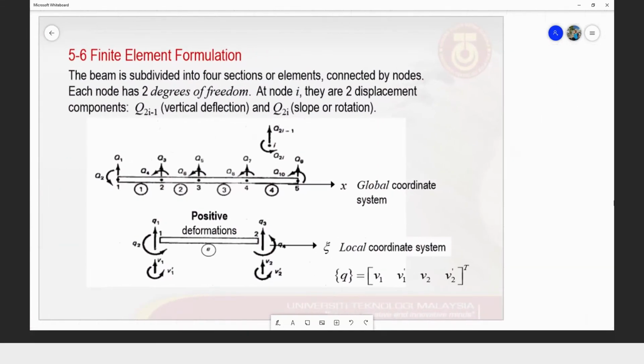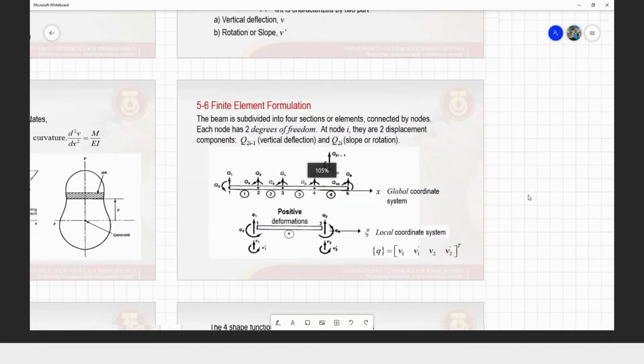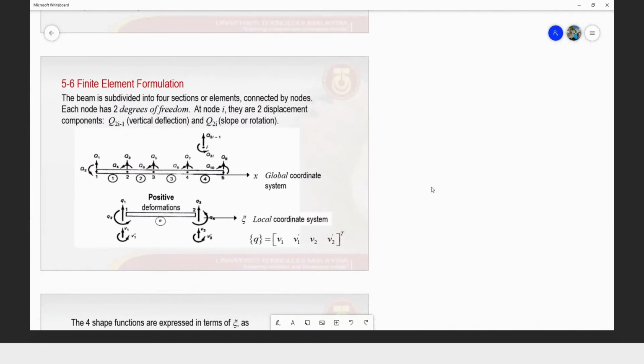Alright, seperti yang kita pernah bincang sebelum ni, for solving structural problems or any problem actually using finite element method, first sekali kita kena ada apa, geometry ataupun physical geometry. Then from the physical geometry yang kita ada, kita discretizekan dia.